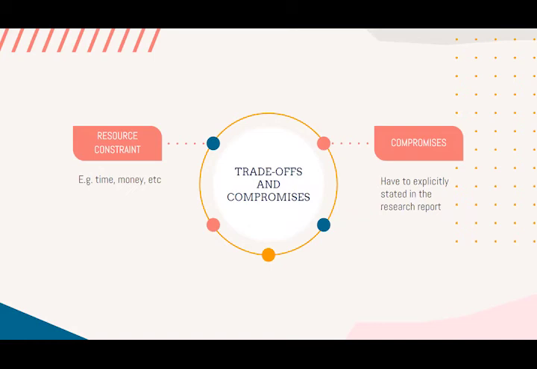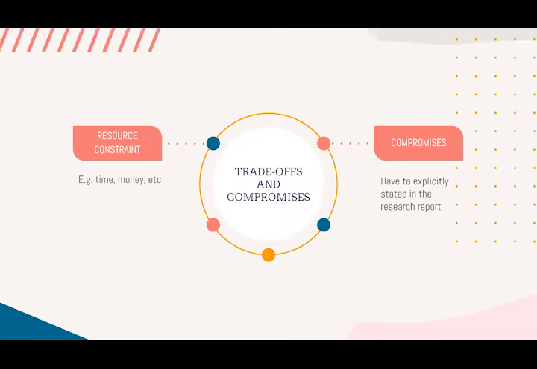This is sub-optimizing the research design decisions and settling for a lower level of scientific methods because of resource constraints. This trade-off will be a deliberate and conscious decision made by the manager or the researcher himself or herself, and the compromise has to be explicitly stated in the research report.